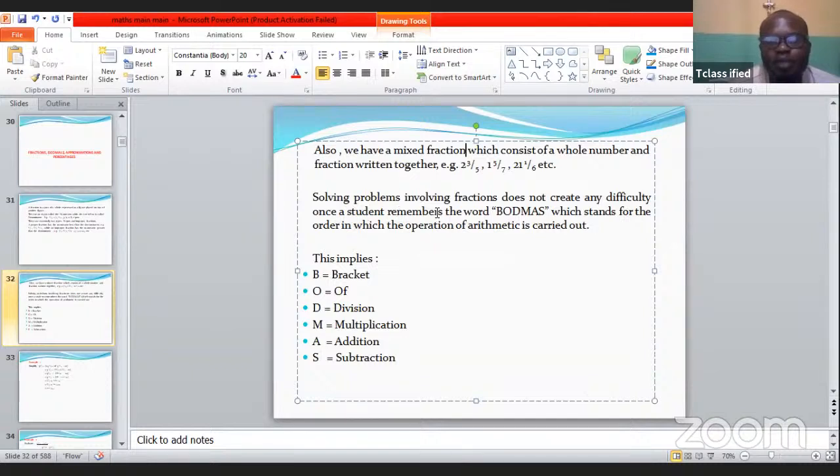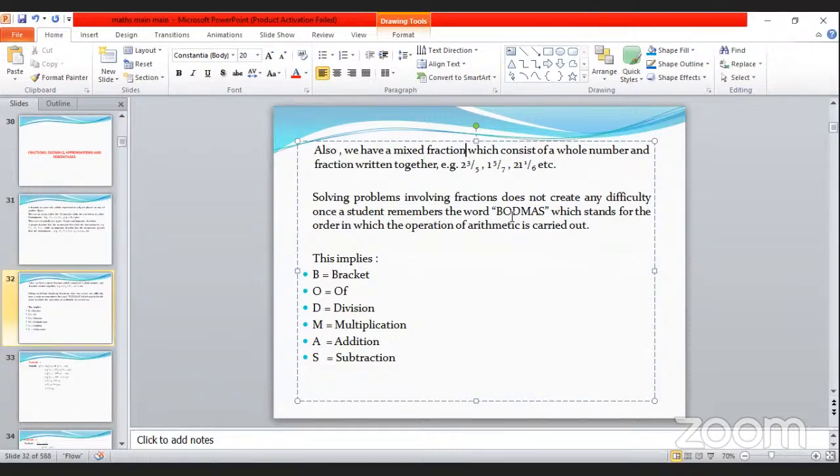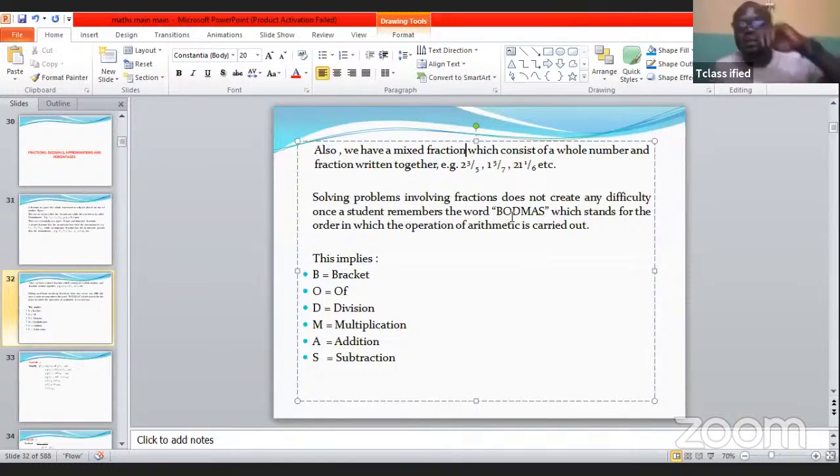Now, solving problems involving fractions does not create any difficulty once a student remembers the word BODMAS. So you must remember the word what? BODMAS. That's what you use in solving fractions. Once you remember it, it makes the work very, very easy.